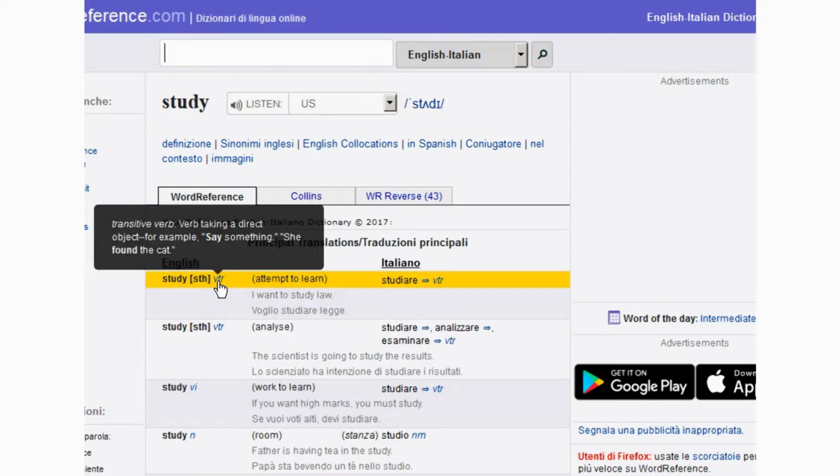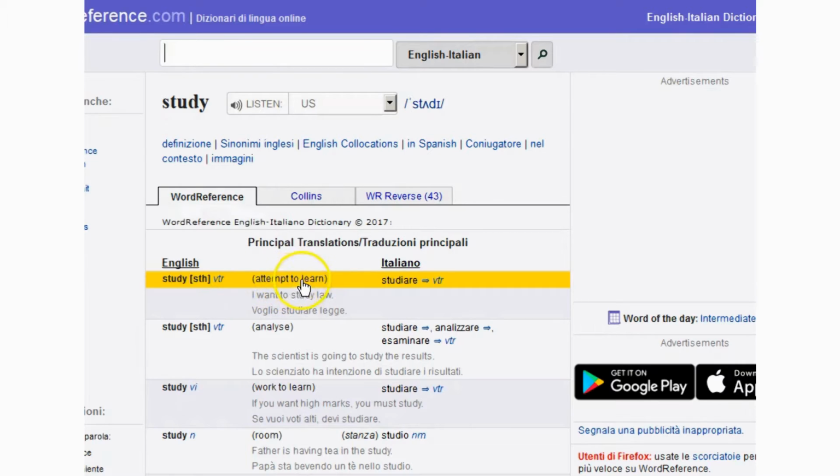You don't know what it means yet, but keep it in mind. It's an important piece of information for the future.